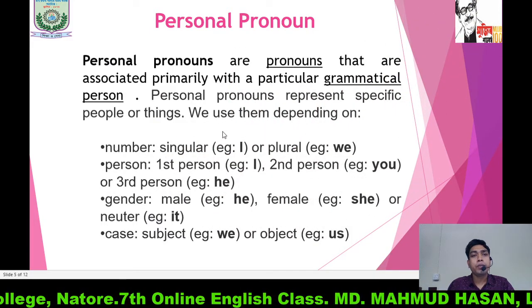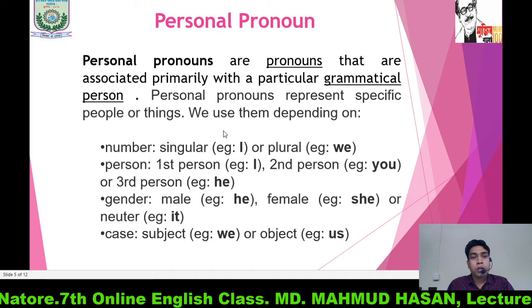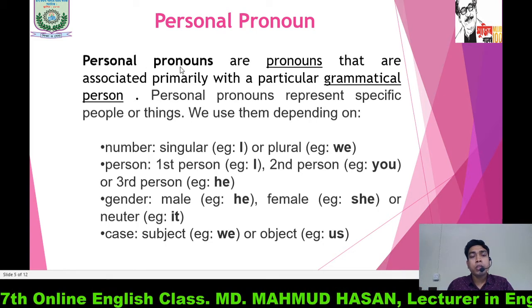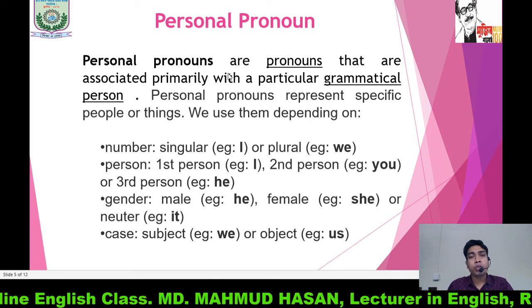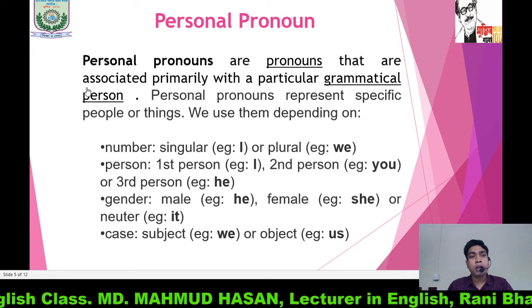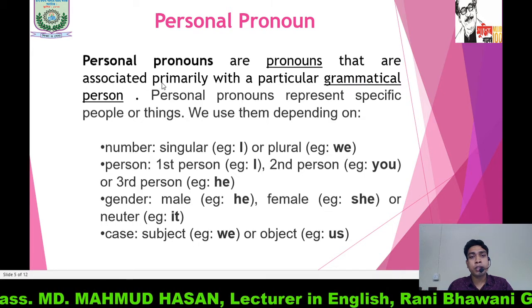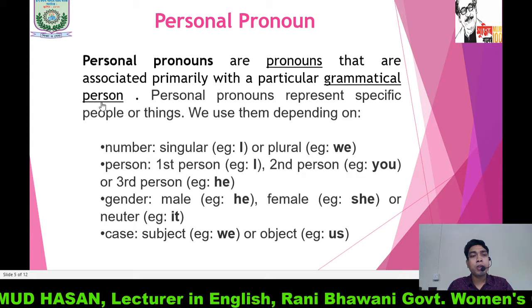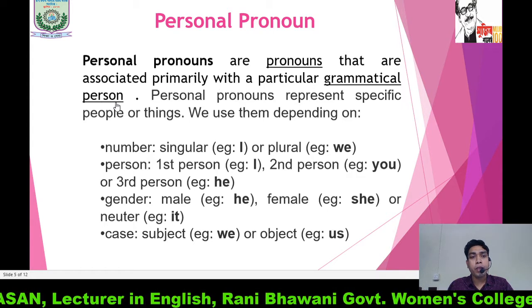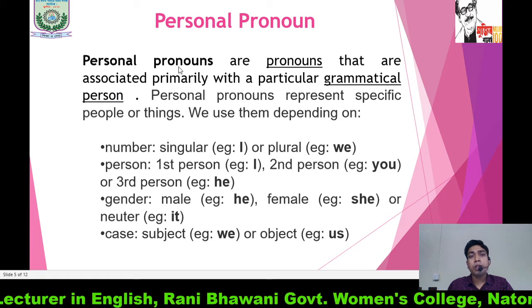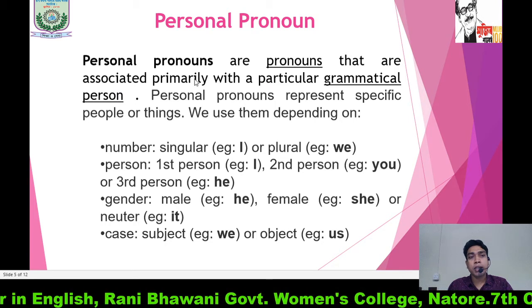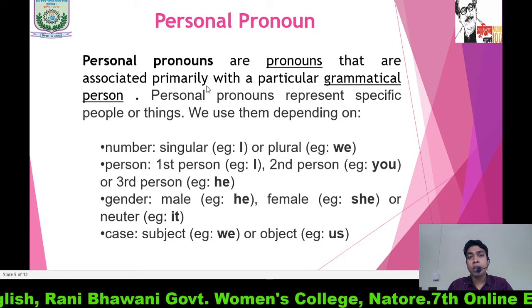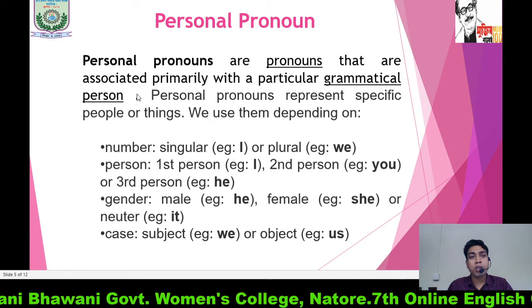Personal pronoun. Personal pronouns are pronouns that are associated primarily with a particular grammatical person.